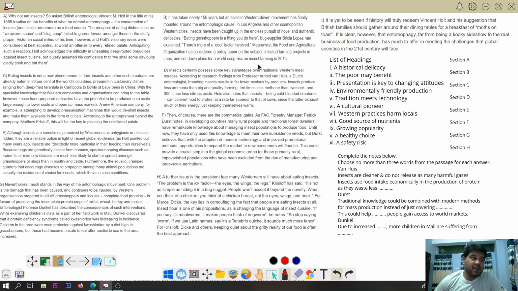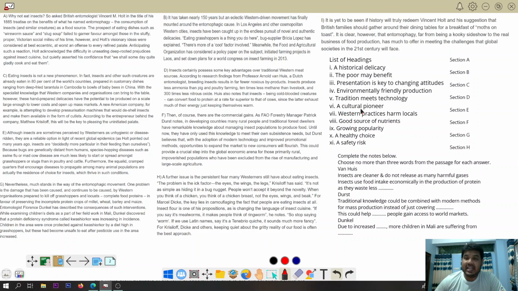Because we understand that concept from the passage, we can go through some of the headings we have here. For example, a historical delicacy. Well, it sounds close, but it's not it, because he was trying to introduce something new, right? He was trying to tell people something new, which is eating insects.